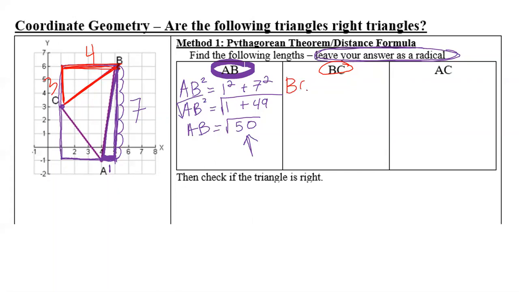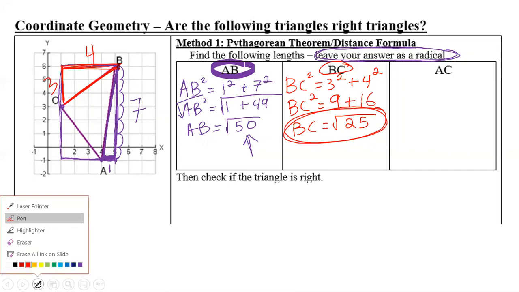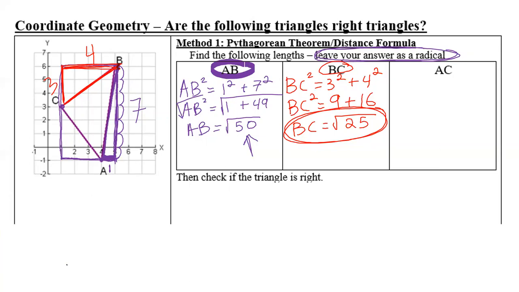So BC squared equals 3 squared plus 4 squared. So BC is the square root of 25, and we're going to leave it like that. Even though you can make it 5, for the purpose of this, I want you to leave it like that.